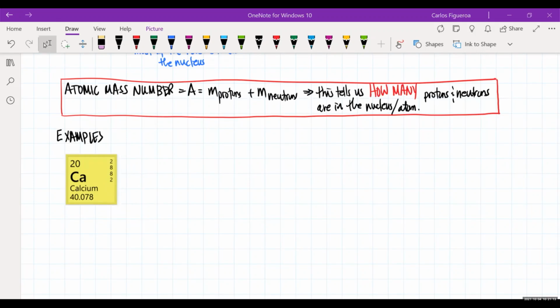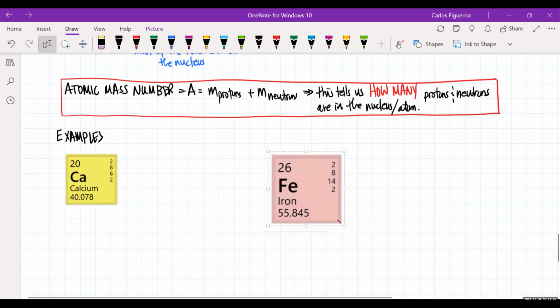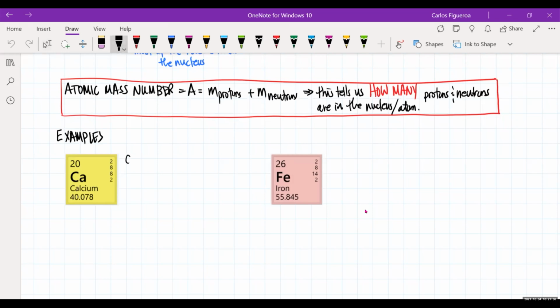So I went in and I picked a second element, one of my favorite atoms, iron. By the way, I have many favorite atoms. There's so much cool stuff about atoms. Okay, so here we go. What you're seeing here is that this guy is calcium. And this atom, as you can see here, is iron.